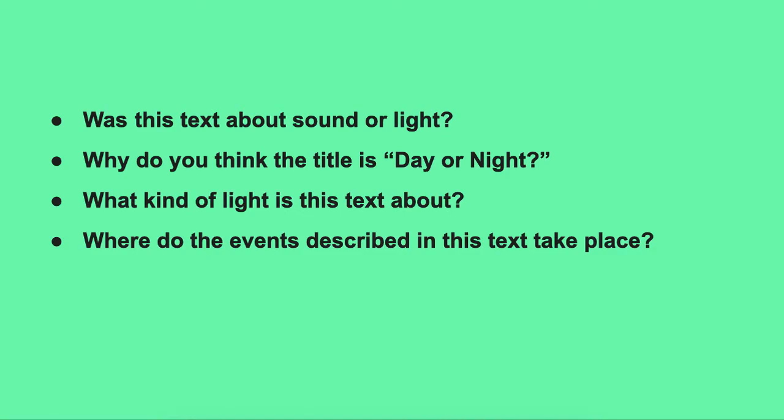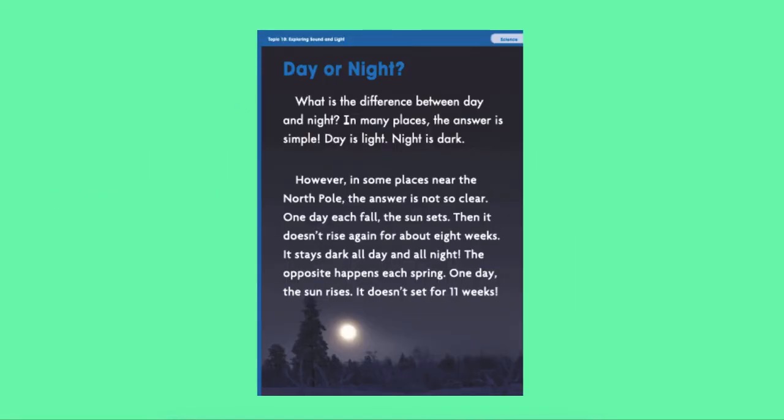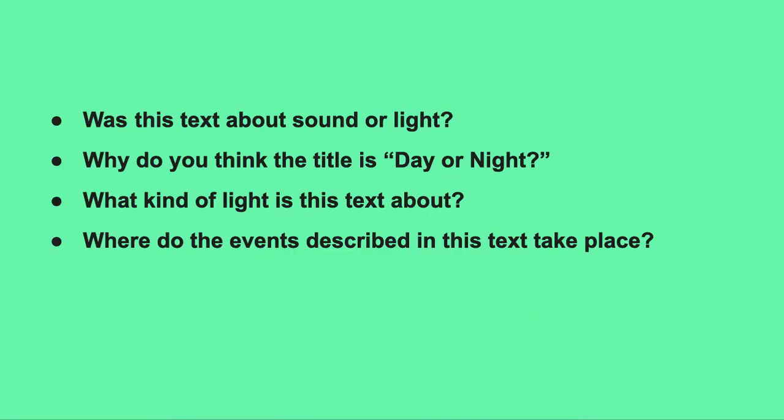All right, boys and girls, answer these before I do. The first question is, was this text about sound or light? This text is about light. It talked about how day is light, night is dark, except if you live in the North Pole, then there are some things that happen that are different from where we live. Why do you think the title is Day or Night?